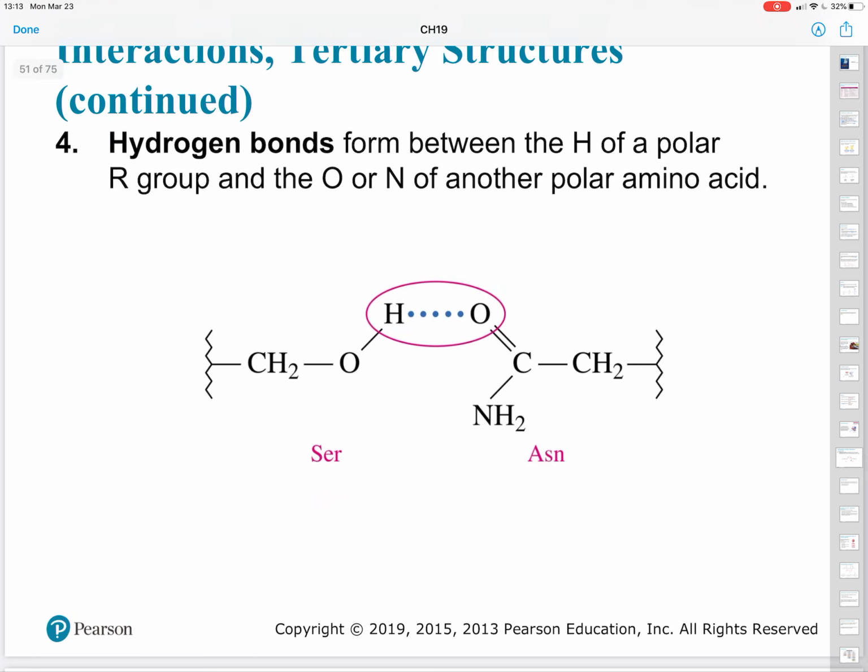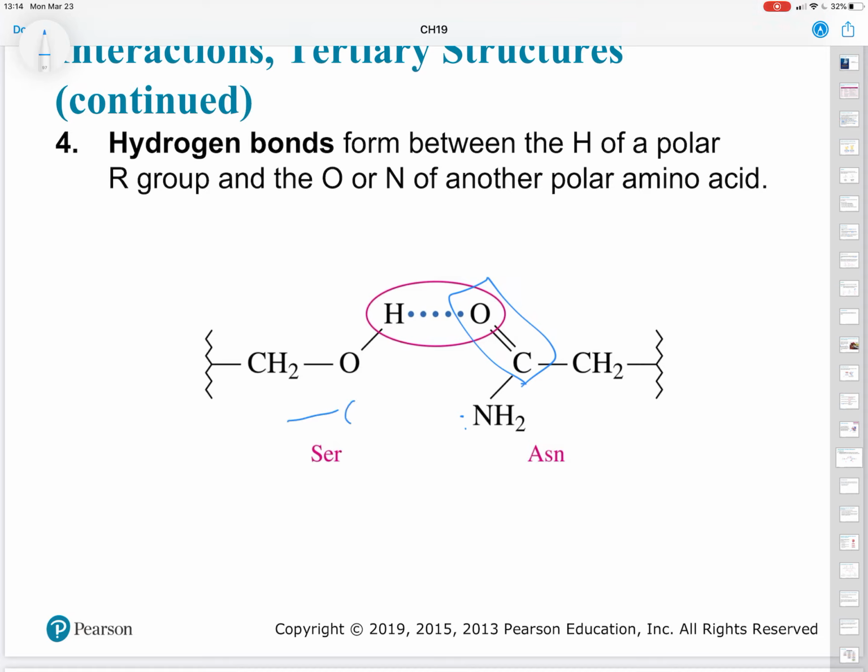Hydrogen bonds. These also form between anything that can hydrogen bond. So carbonyl carbons, nitrogens, anything with an OH on it, anything with an NH on it. Yeah, pretty much.